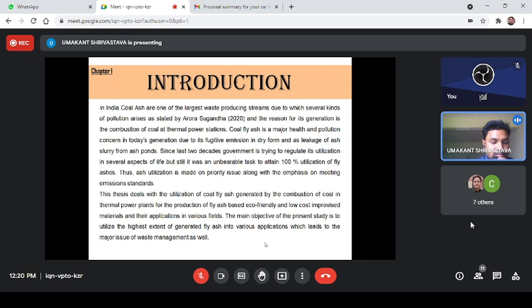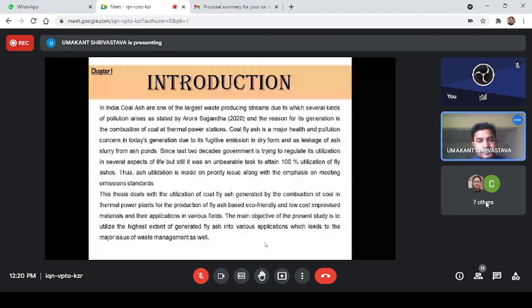It is a resource material only if we use it in some application; otherwise, it is a global pollutant which can cause several hazardous health issues and waste management issues globally. Thus, its 100% utilization is our main aim.